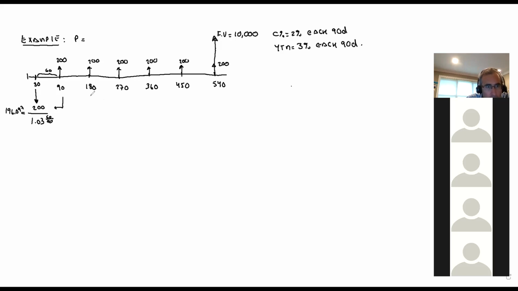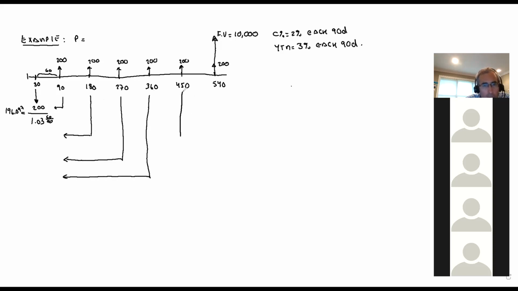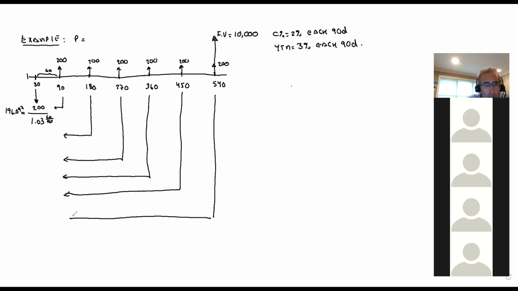Okay. So let me draw first all these guys, and then you tell me the numbers, okay? Give me 1 second. Okay, so this one is going to be 200 divided by 1.03 to the power 150 over 90.